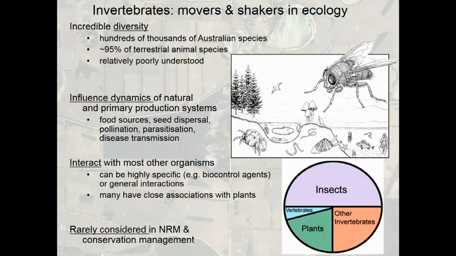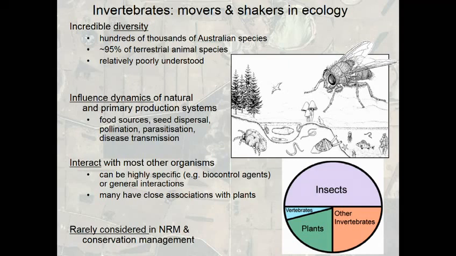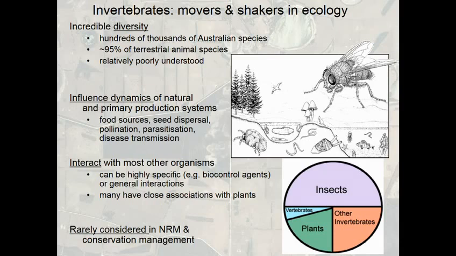The thing about insects is that they have a whole bunch of interactions with each other and with other organisms, and often these are highly specific. Sometimes they interact with a few things, sometimes they're more general. But what this means, given their diversity and these specific interactions, is that you can manipulate insect populations by manipulating plant populations, whereas if everything just worked in a general way, you wouldn't be able to do that.